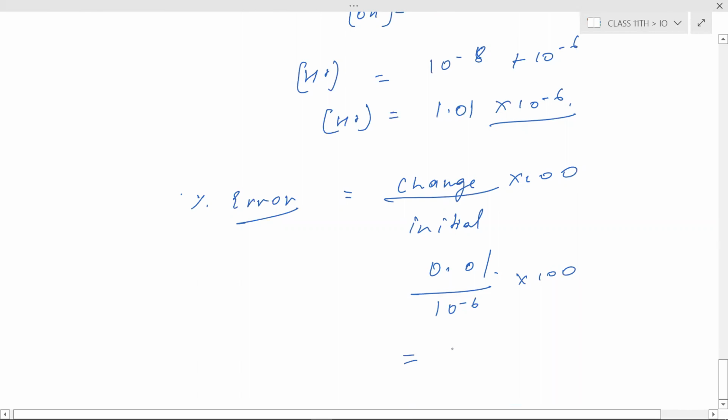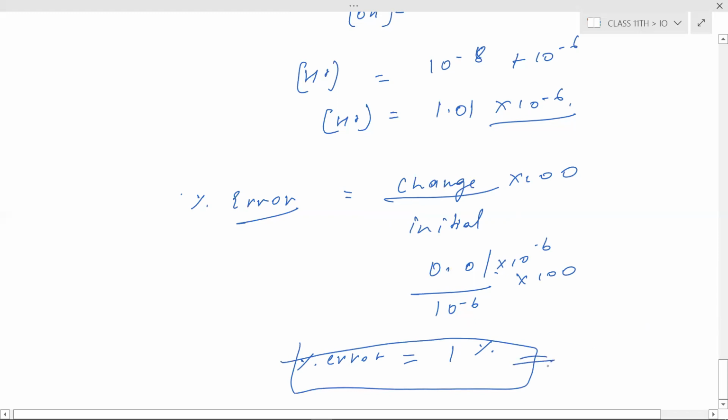And here you get 0.01 into 10 raised to power minus 6. Here you will get the error equal to 1%. Percentage error, how much did you get here? That is 1% only, so 1% is an error which could be neglected here.